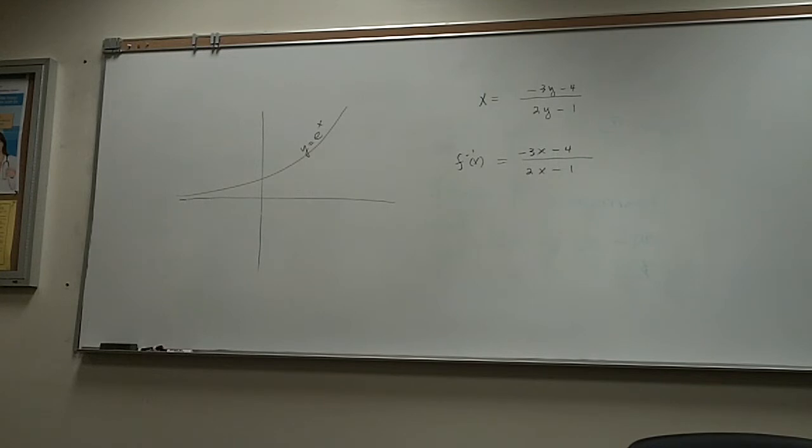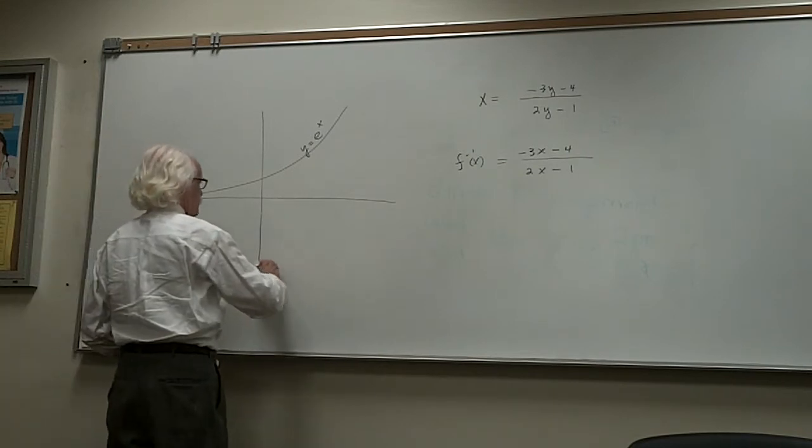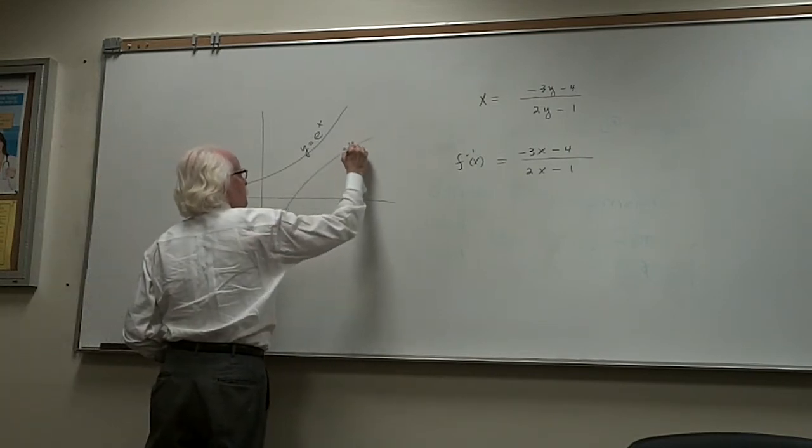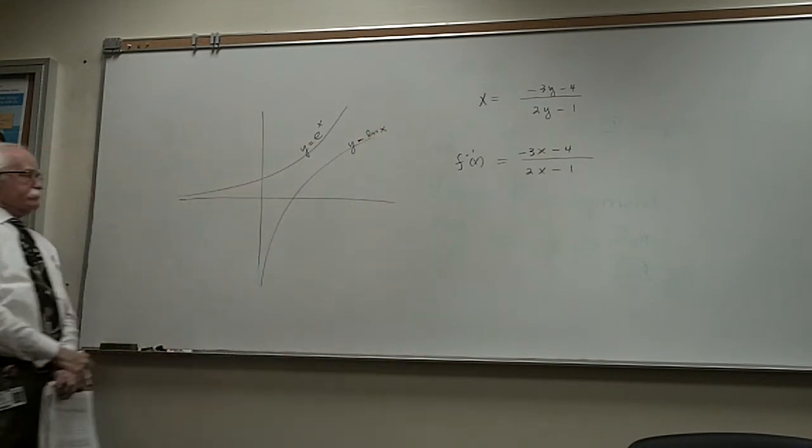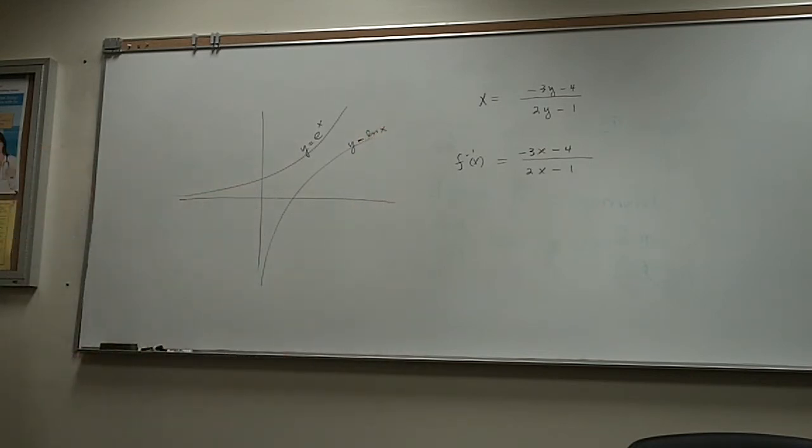So if someone gives you an inverse function, it may look like this. Does everybody see that? Can you picture putting a dotted line and folding that piece of paper and holding it up to the light?